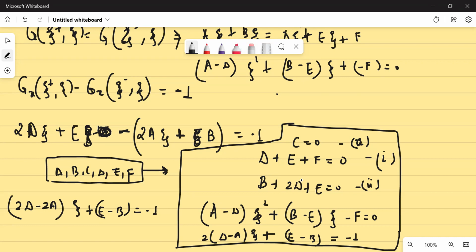Okay. So what I can do is, I have 2 equations, right? So I have this equation and I have this equation, and I have e here in common. So probably I can cancel e out, but then there is f also here. So what should I do?